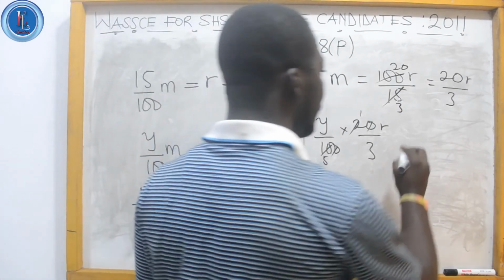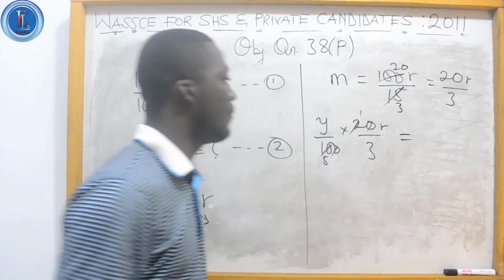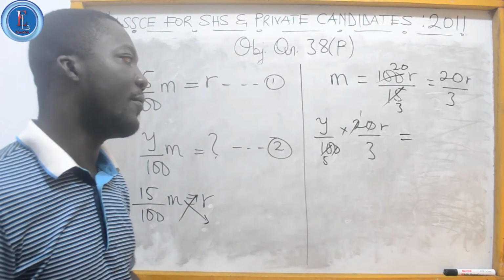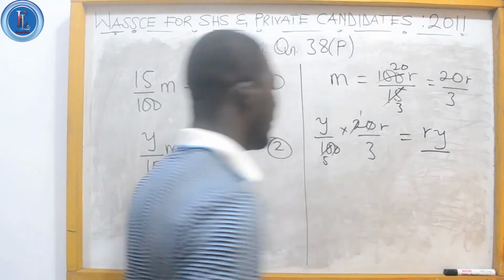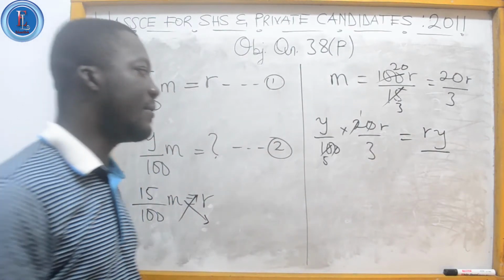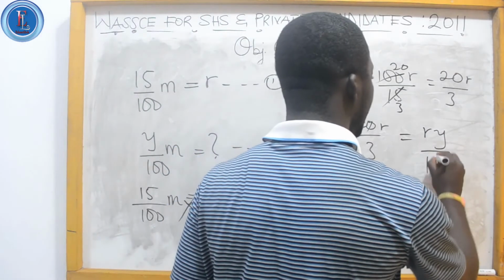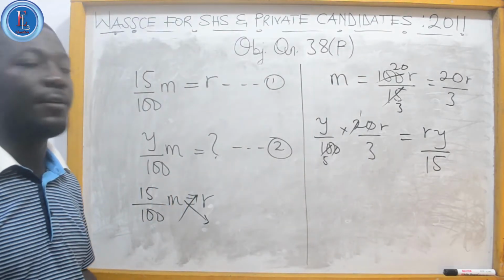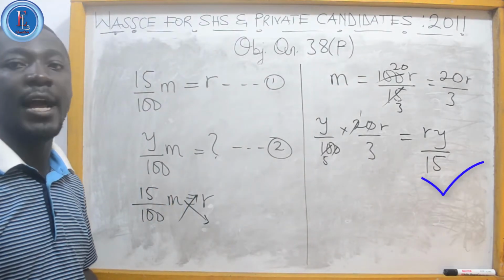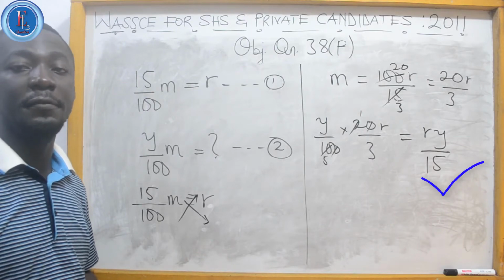Then we continue. Y times r, we are going to get ry divided by 5 times 3, which is 15. So the answer will be ry over 15.